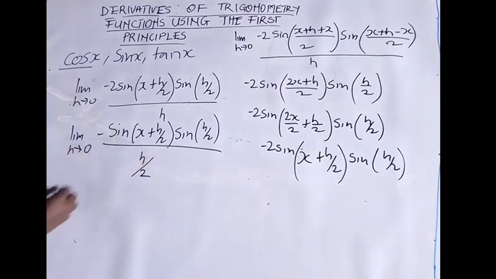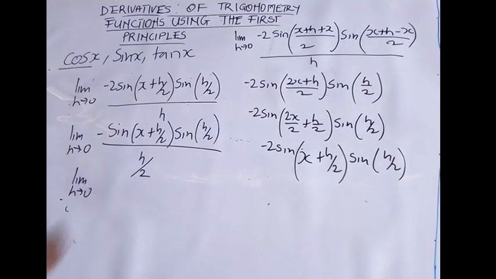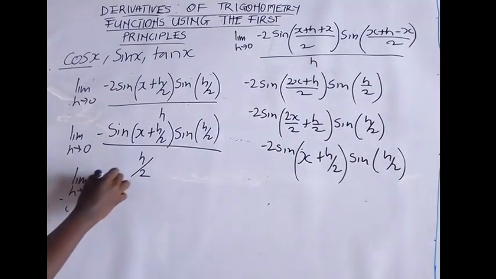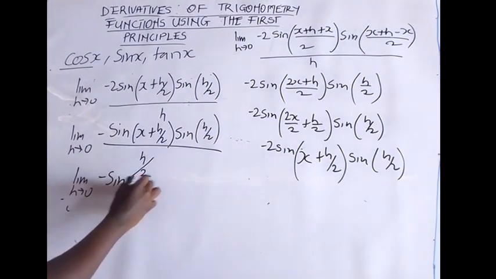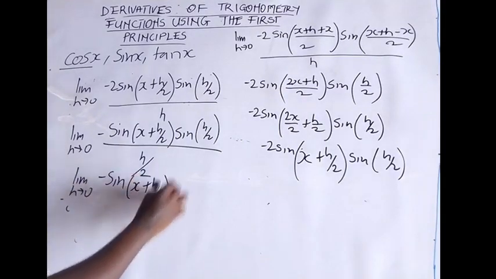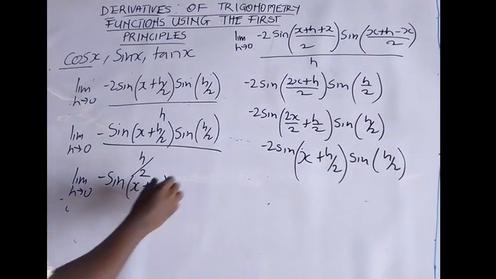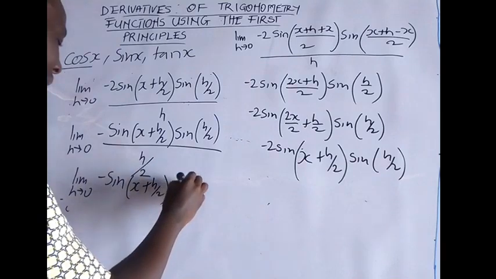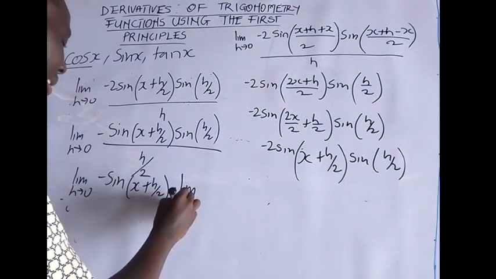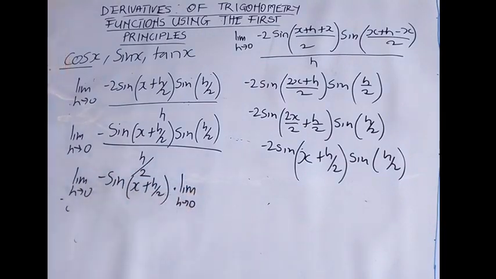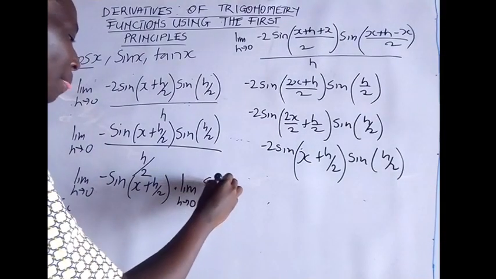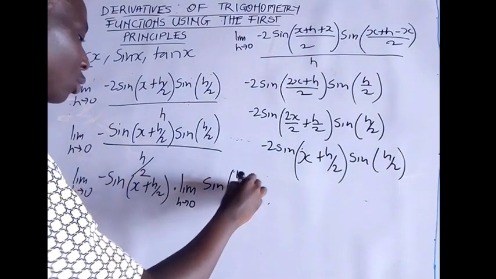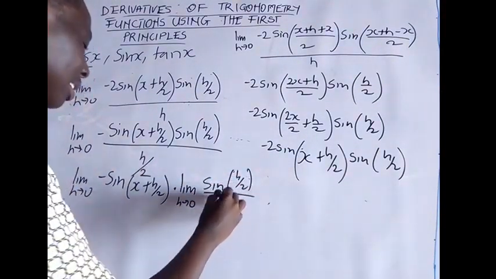We can write this also as the limit as h approaches 0 of minus sine of x plus h over 2 times the limit as h approaches 0 of sine h over 2 all over h over 2.